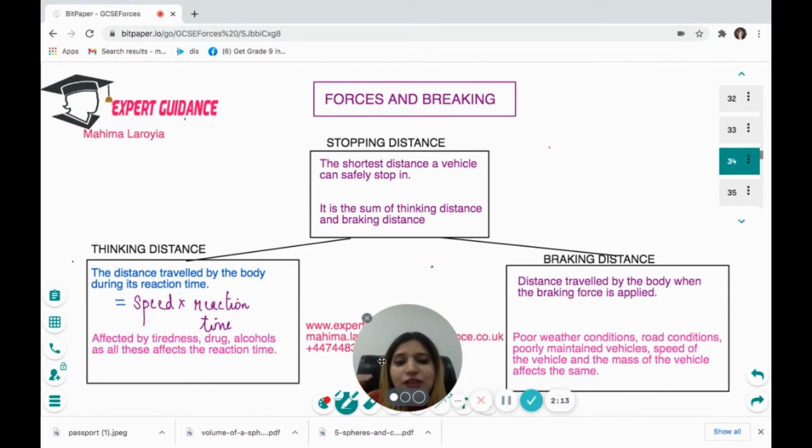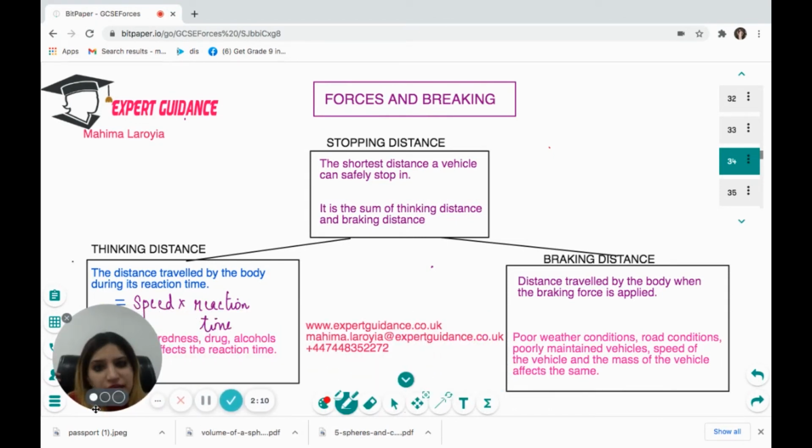Now let us look at forces and braking. What is forces and braking? When you're driving a car and you see some object coming in front of you, you first think what it is, then you apply the brake.